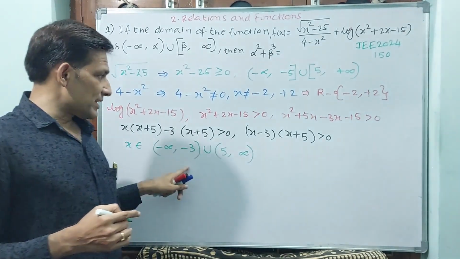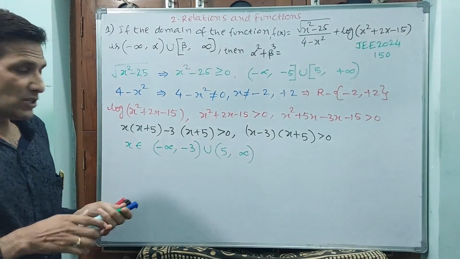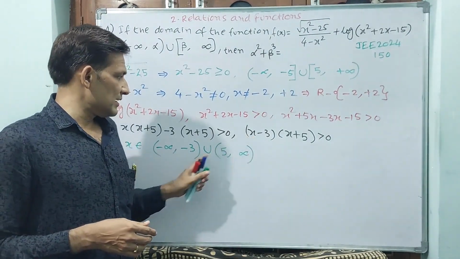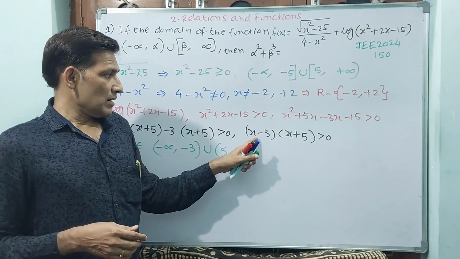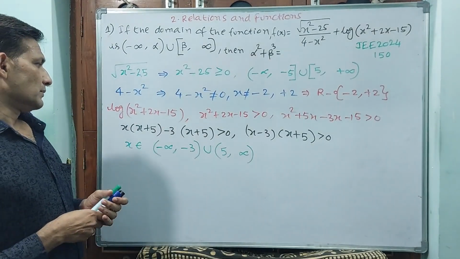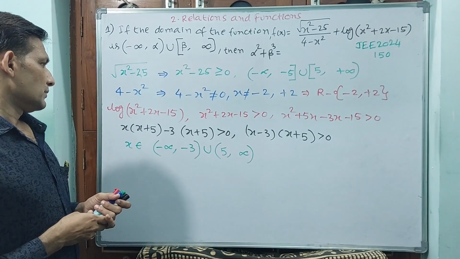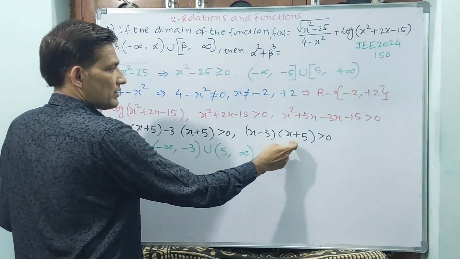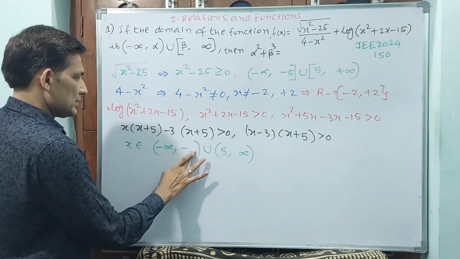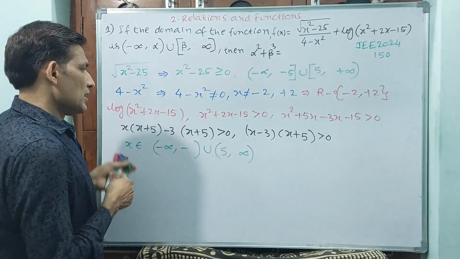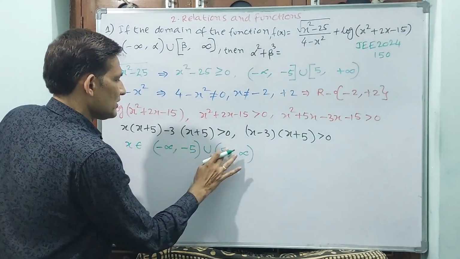Now these are open intervals only. Why? Minus 5, I forgot. See, minus 5. This is plus 3.